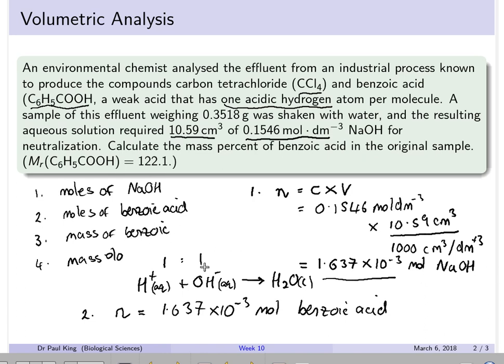Point 3 then asks us to work out the mass of benzoic acid that must be present. Well, if we know the number of moles, it's straightforward to work out the mass, because the mass is equal to the number of moles times the molar mass.